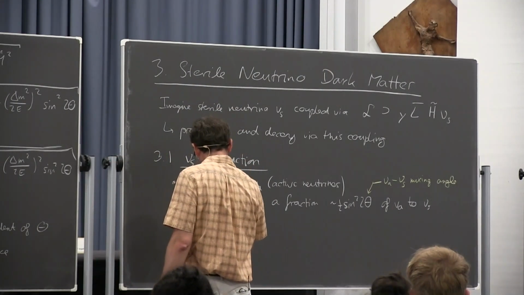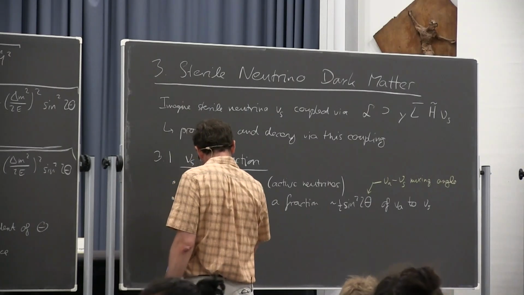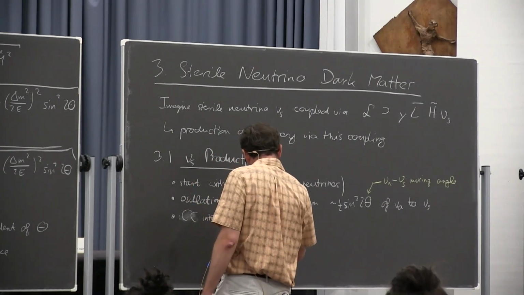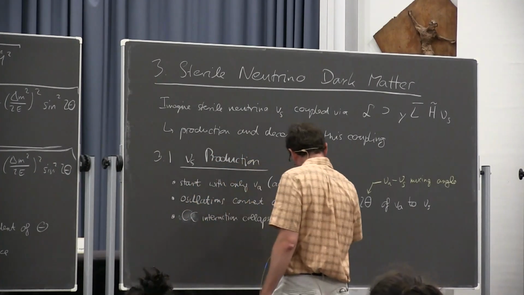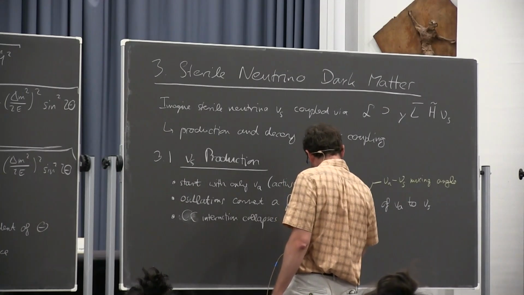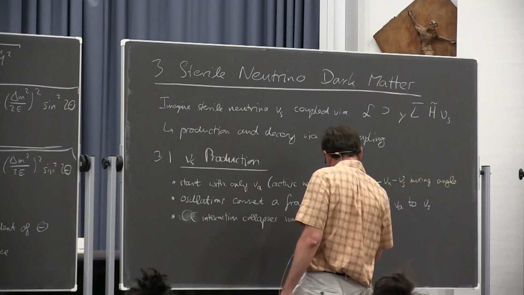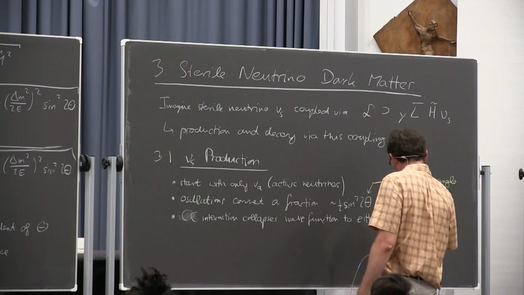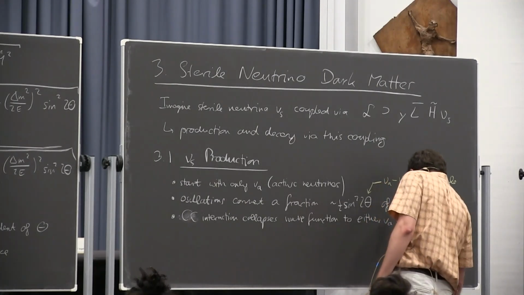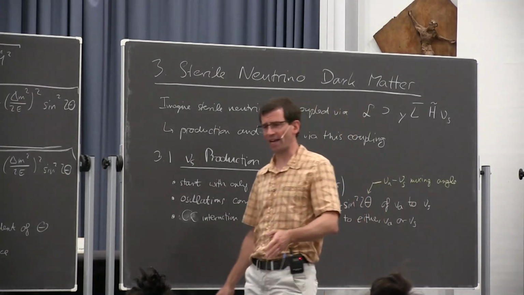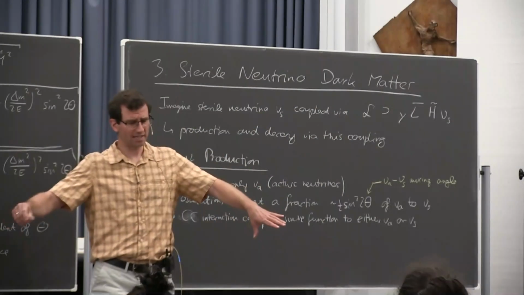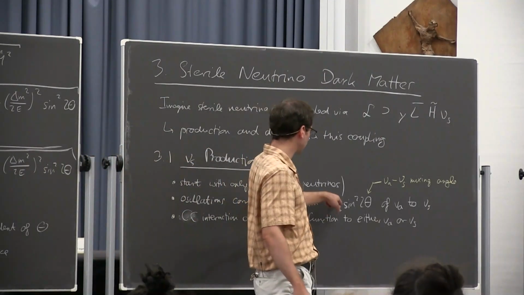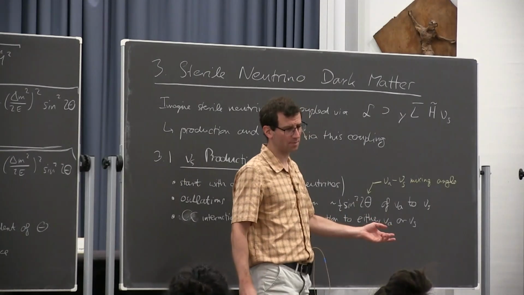So a CC interaction collapses the wave function to either nu A or nu S. But what this means is that after the interaction, I now have clearly separated my remaining active neutrino population and my small fraction of order 1/2 sine squared 2 theta of sterile neutrinos.